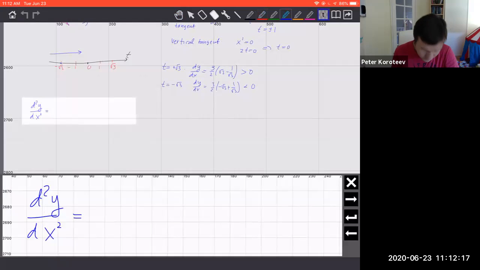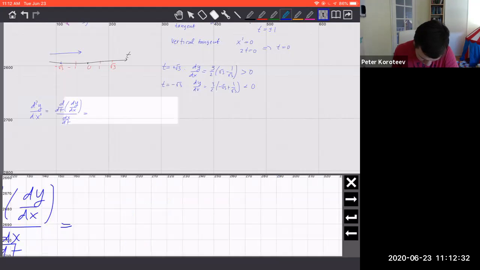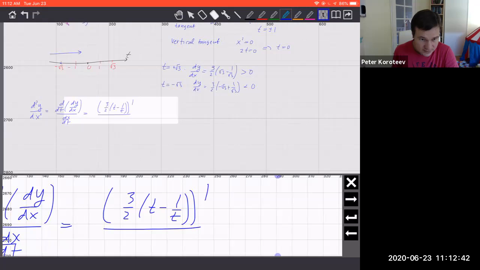So, d squared y over dx squared. Let me write it again. It's d over dt of dy over dx, divided by dx over dt. And dy over dx is 3/2 t minus 1 over t, everything prime, divided by x prime, which is 2t.